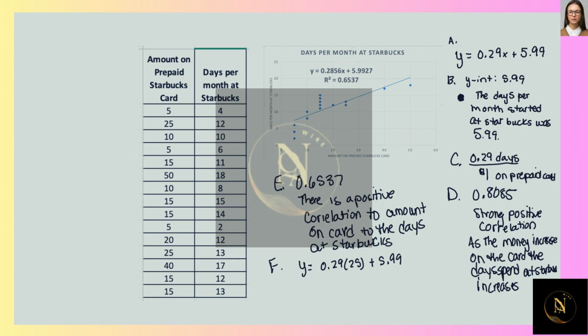So 0.29 times 25 is 7.25 plus 5.99, and that equals 13.24. So 13.24 days per month at Starbucks.